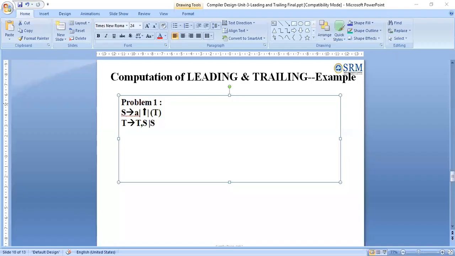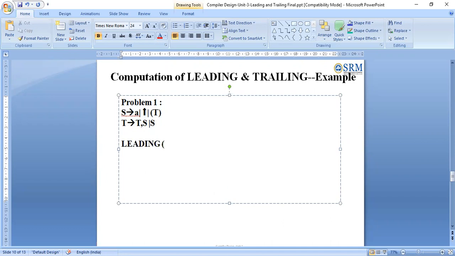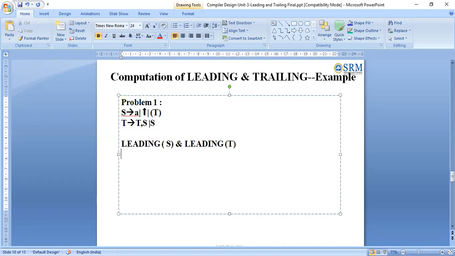We will start a problem on leading and trailing. First, here they are given a set of productions and we have to find leading of S and leading of T. First we will see what the leading of S is.